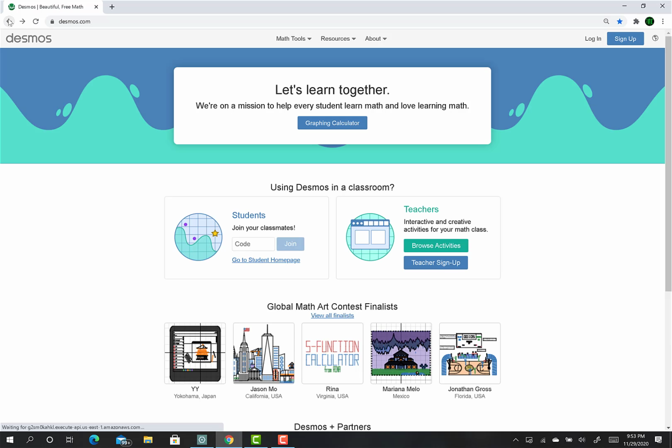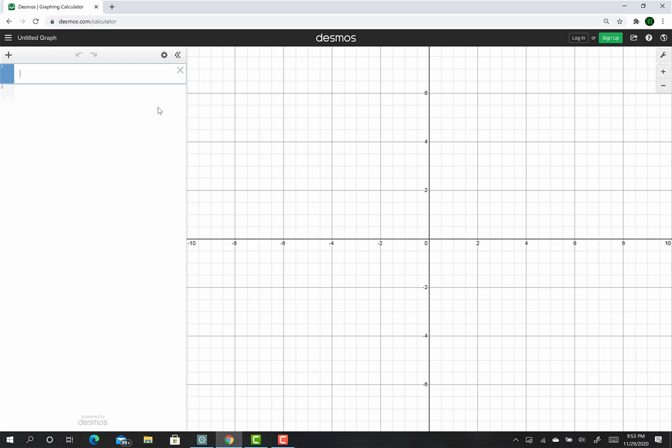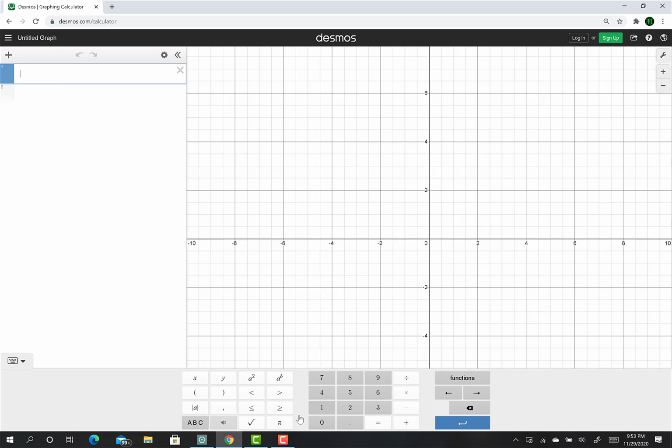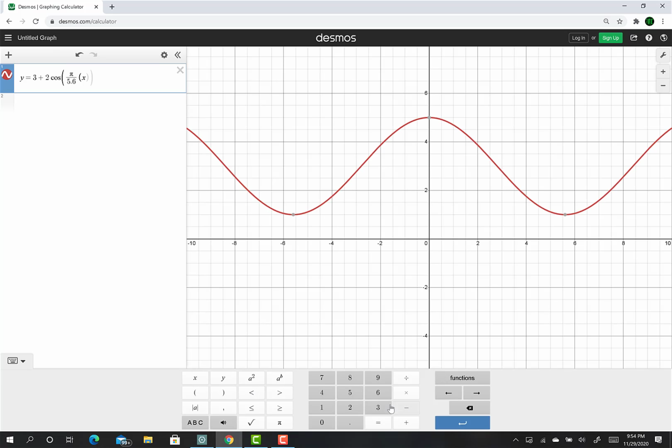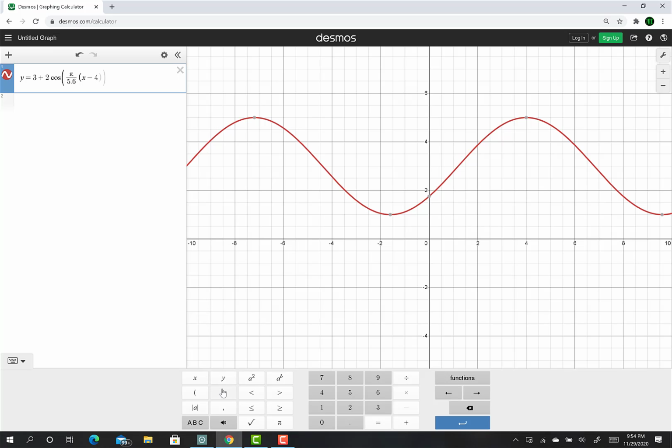All right, let me see. I'm going to go back. I'm going to push graphing calculator. I'm going to push y equals 3 plus 2 cosine pi over 5.6 open x minus 4 close, and there it is.